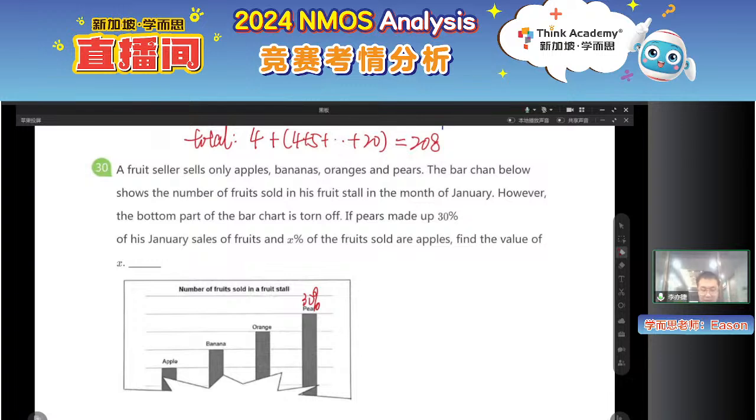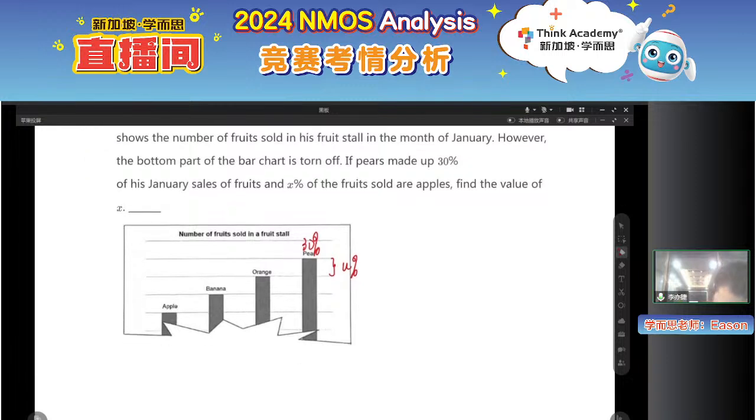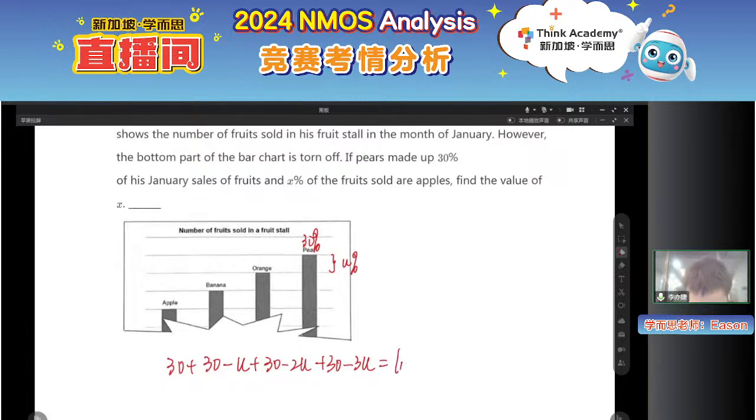All of them make 100%, so we need to know how many percent this green one stands for. Now it's quite easy. We assume this is u. So this is 30 plus 30 minus u plus 30 minus 2u plus 30 minus 3u, which equals 100%, because the total is 100.